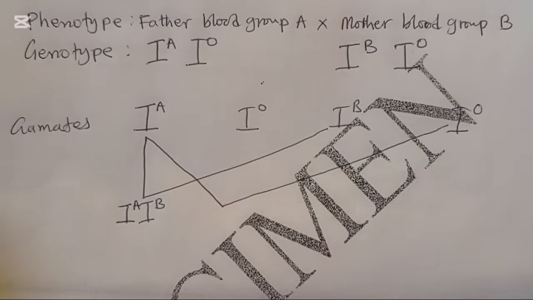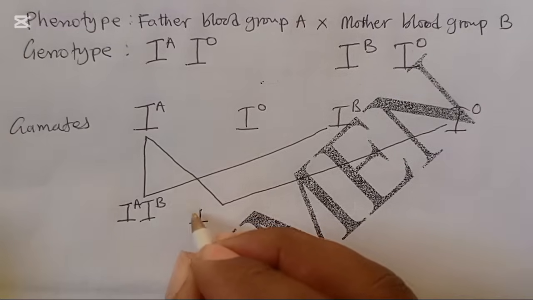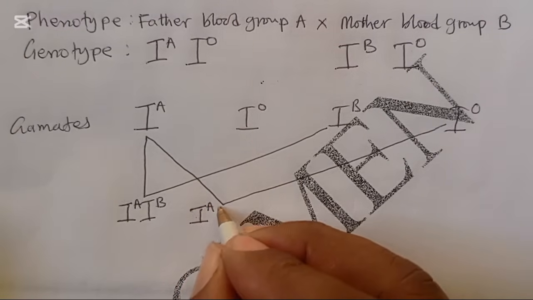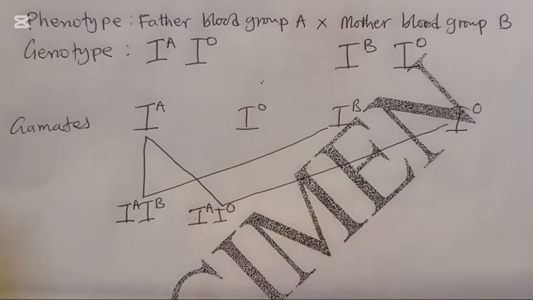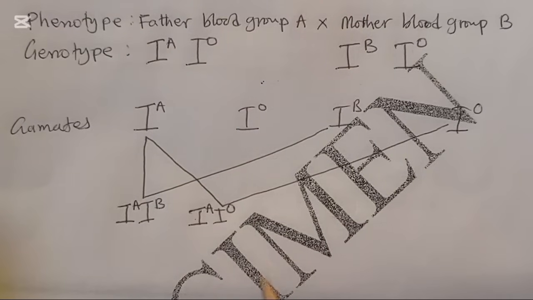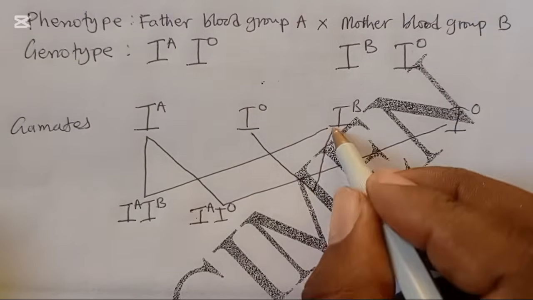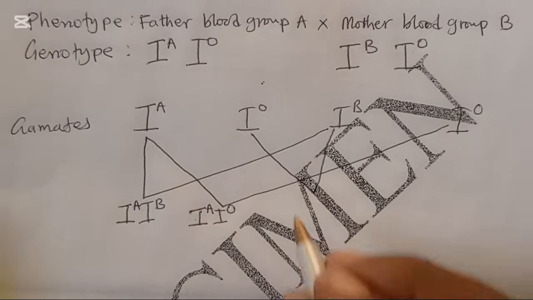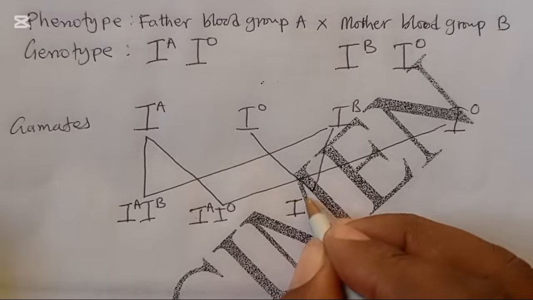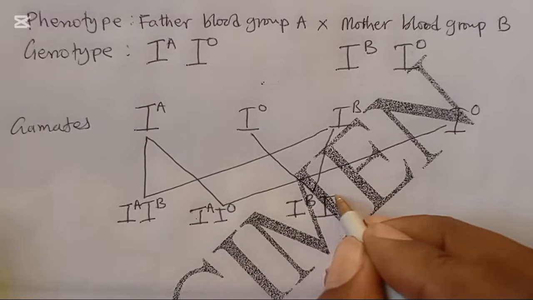So what we have, it is A, O. And now O goes with B there. So what we have, it is B, O.